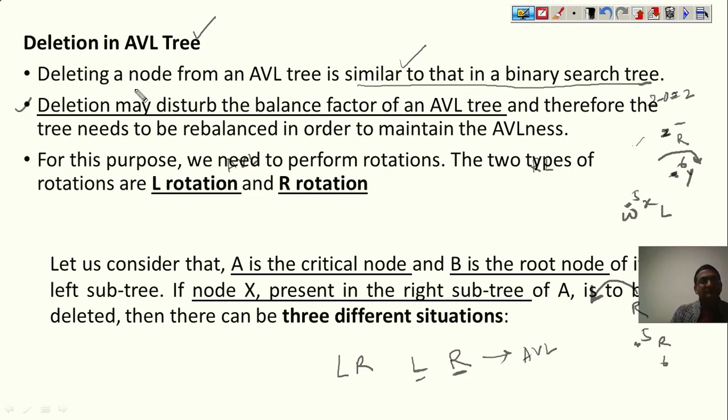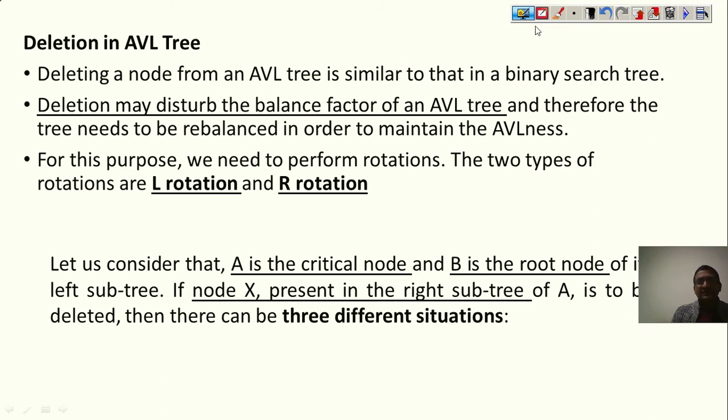Whenever any node is to be deleted, we delete it in the same way as in the binary search tree, but this deletion may disturb the balancing factor. The balancing factor of each node may not remain balanced, meaning the value will not remain plus 1, minus 1 or 0.